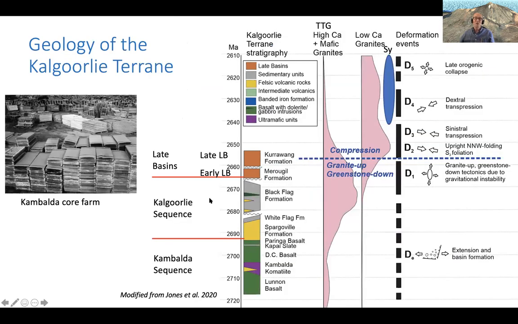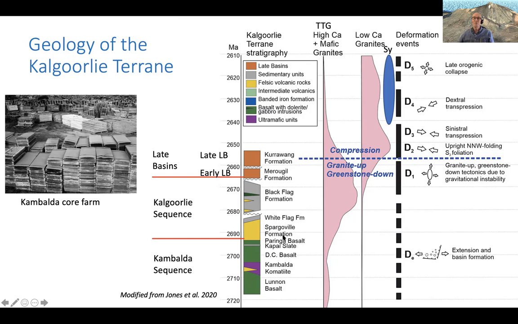Now that stratigraphic architecture is represented in another diagram here from Jones et al., which shows the stratigraphic column or history of this succession. Initially, the oldest Kambalda Sequence association of basalts and komatiites ranges in age from 2720 to about 2690 million years.